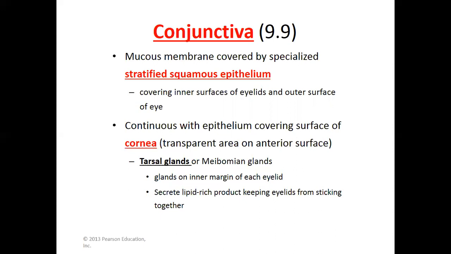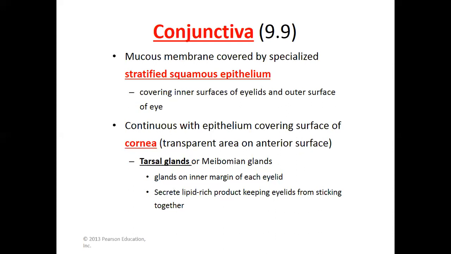So stratified squamous epithelium, remember, its major job is to protect. So it's actually lining the surface of the eye that you can see. There's a layer of stratified squamous epithelium that you actually look through, that light passes through to get back into the eye, but it protects that outer surface.